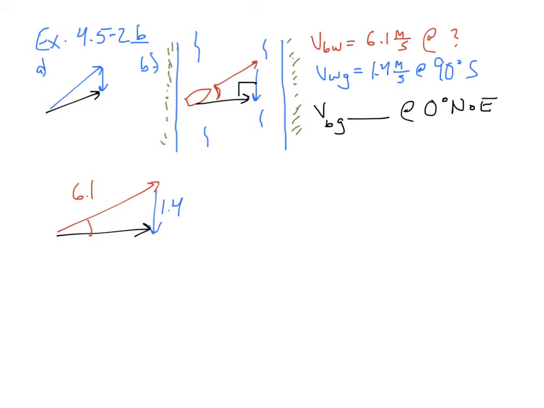What's the trig function for that? Well, the sine of some angle, I'm going to write that in red. Sine of some angle theta equals opposite over hypotenuse, right? So if the sine of the angle is opposite over hypotenuse, then that means the angle itself must be the inverse sine of the opposite over the hypotenuse.